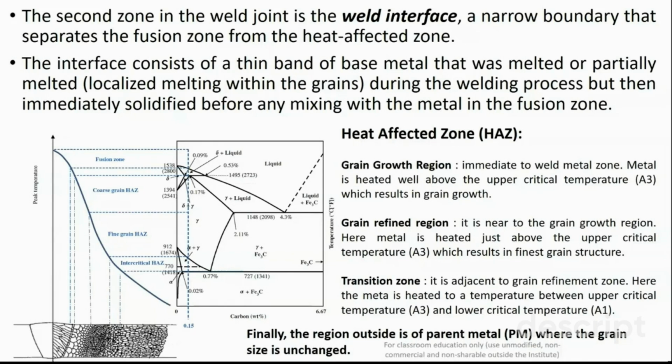If you continue to heat further, all these recrystallized grains will diffuse into each other and form a big grain. After that, the region outside the heat affected zone is the parent metal, where the grain size is unchanged. So this is all about the interaction of the heat with the base metal, which results in different microstructural transformations in different regions of a welded structure.